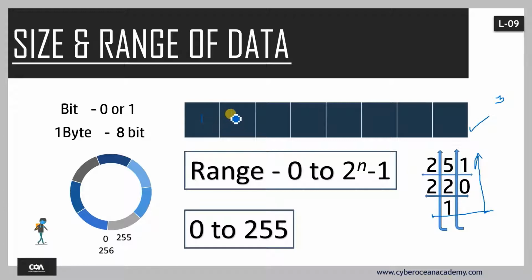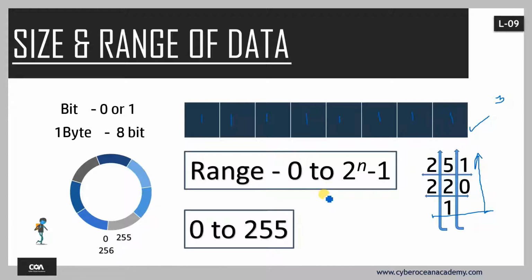In the same way, suppose there is a binary number in which all the bits are set, all 8 bits are 1. That is the maximum size of a 1 byte binary number.